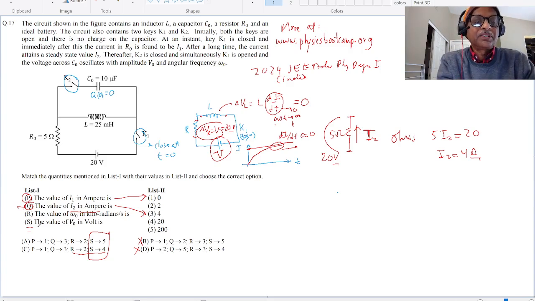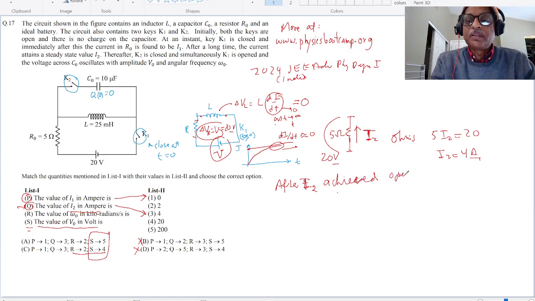So what is the V0? In the description it says that after I2 has been achieved, open K1 and close K2.